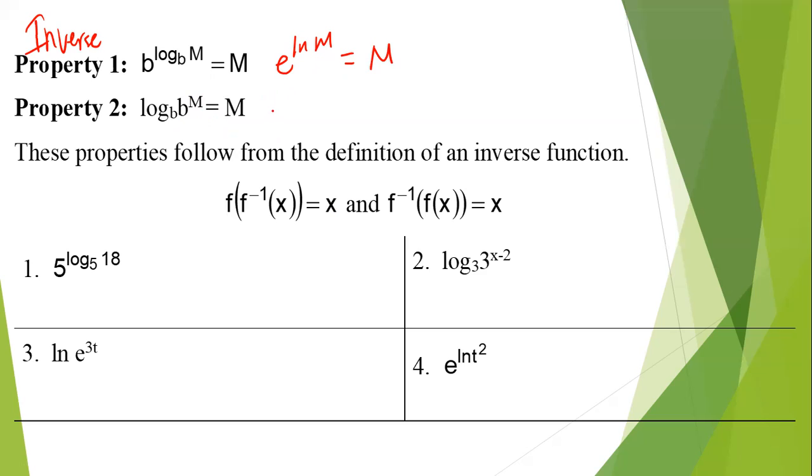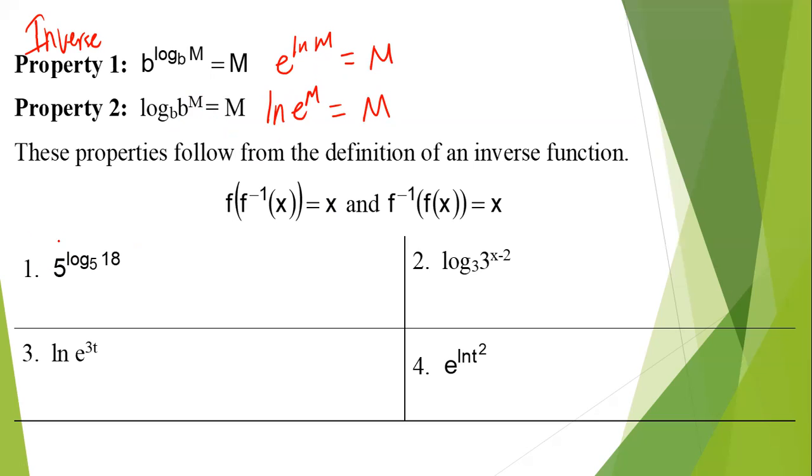That works also with natural log. If you have natural log of e to the m, it's going to cancel each other out and you're just going to be left with m. Now, when it's so many letters jumbled together, the best way to see this in effect is if you have numbers. Does that make sense?